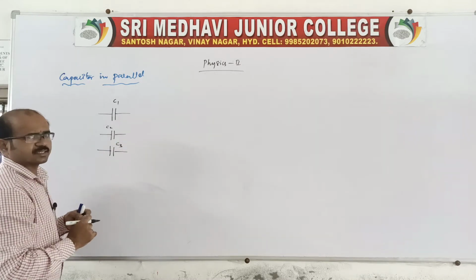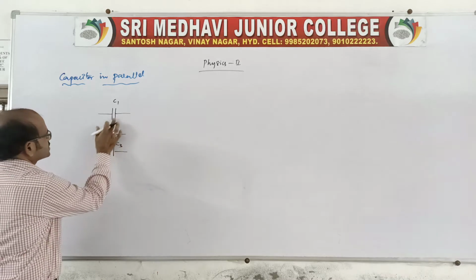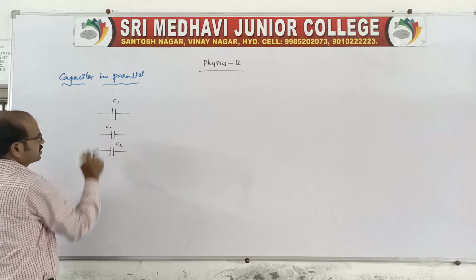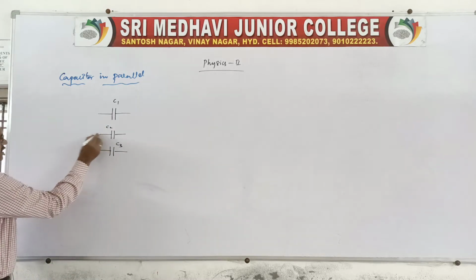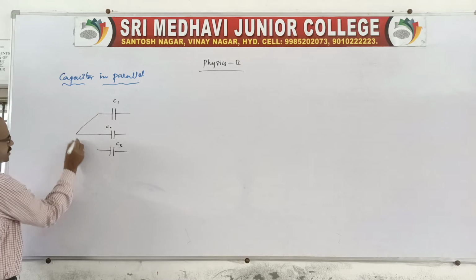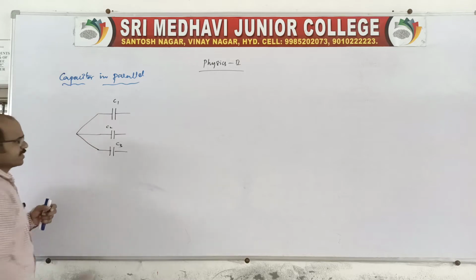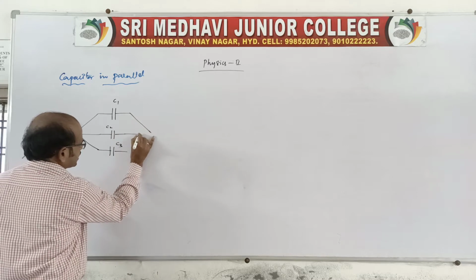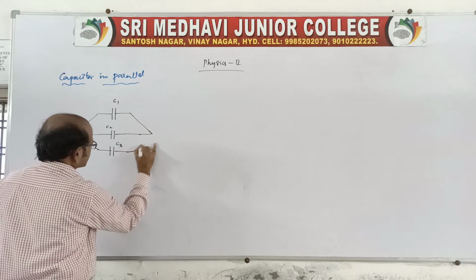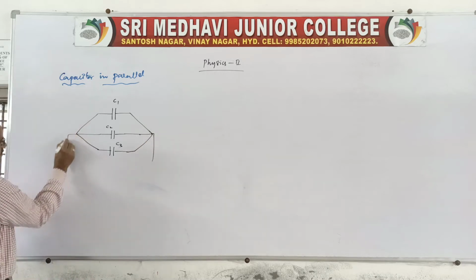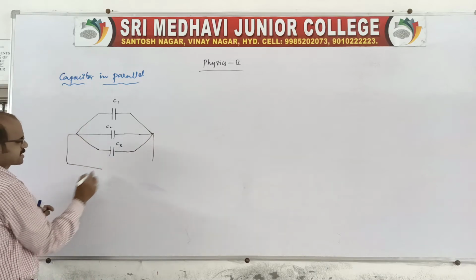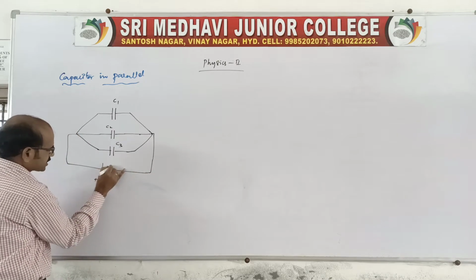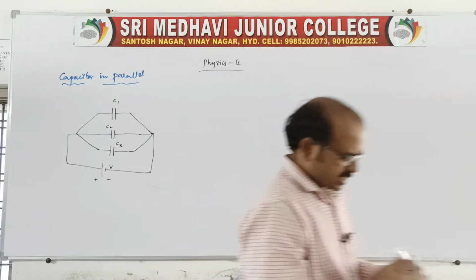In a parallel combination, all the first plates, the first terminals of all the capacitors, are connected at one point, and all the second terminals are connected to the other point, and these are connected to opposite terminals of a battery. This combination we call the parallel combination.